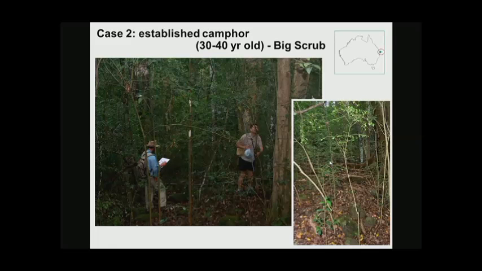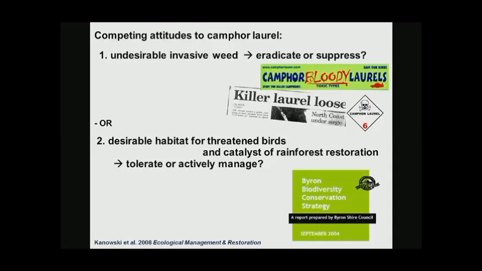So camphor laurel, the non-native tree, came in, it formed forests, and that's been cause for some debate in this region. Should we say camphor laurel is invading the landscape, let's get rid of it? Or should we say, wow, we're getting reforested, isn't it wonderful that the forest is coming back and it's creating habitat for native fauna and flora? And that's an ongoing subject of debate.